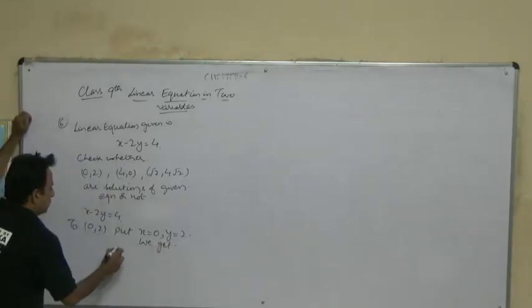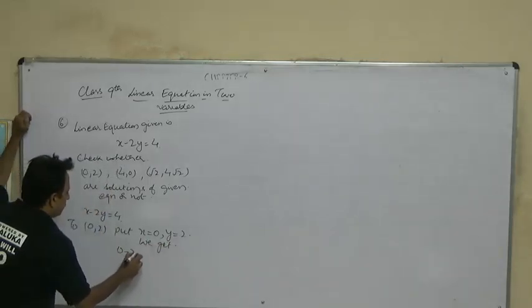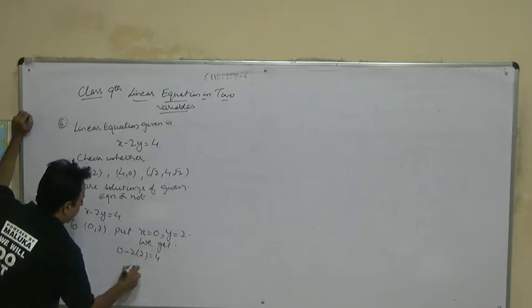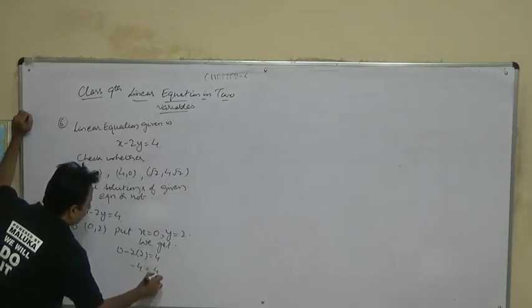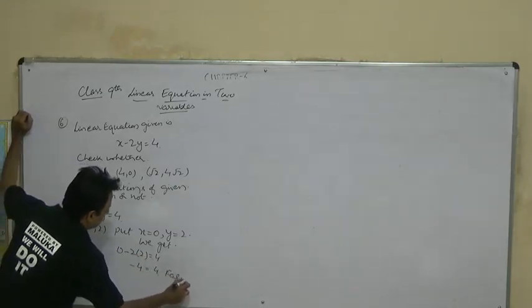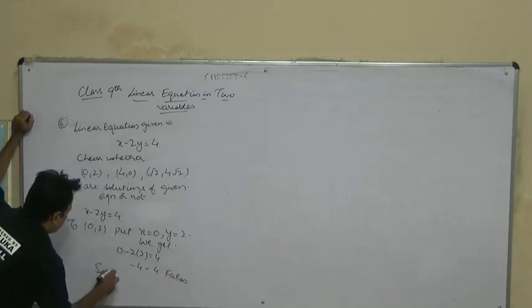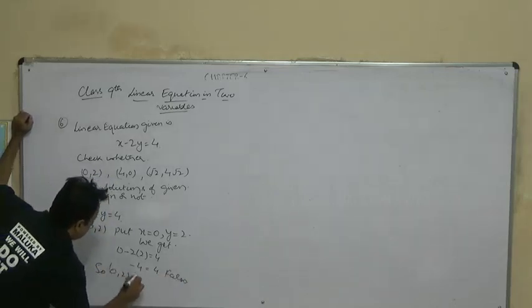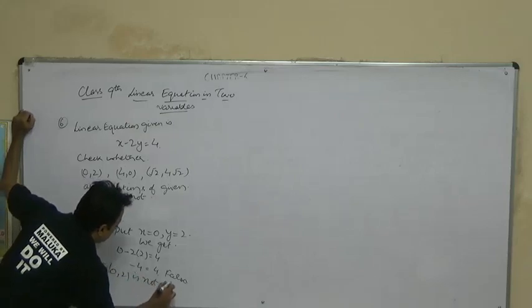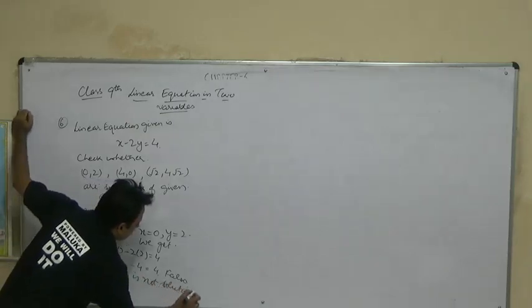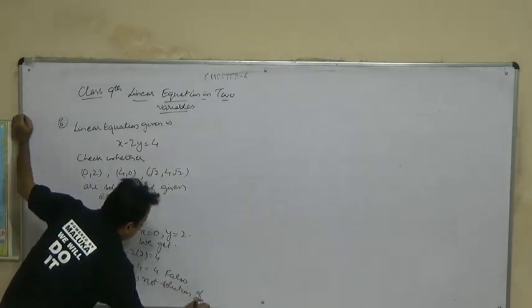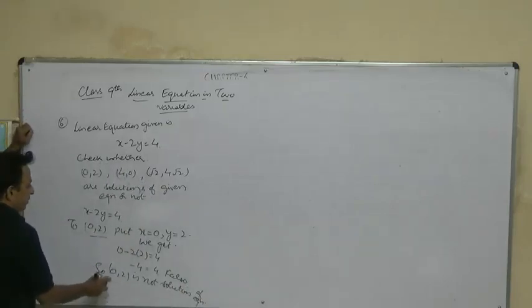This will be 0 minus 2 into 2 is equal to 4. So minus 4 is equal to 4, which is false. So (0, 2) is not a solution of the equation.